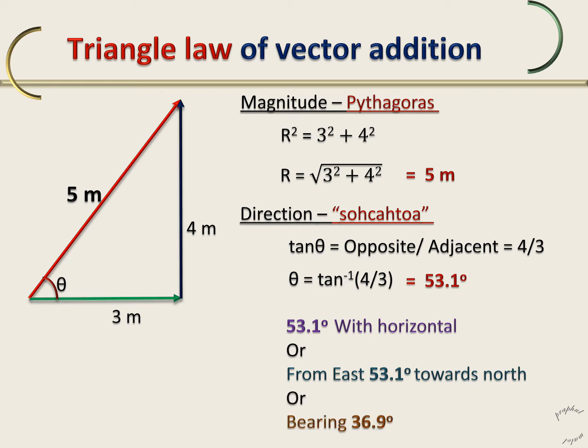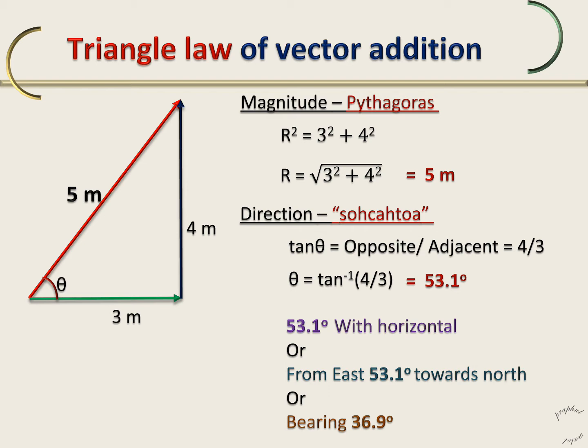You can even express it as the bearing. It is at a bearing of 36.9. Bearing is always measured from the north direction, how much angle it is situated from it. That is what you call bearing, but it's not very commonly used in physics. Still, you could use any of these three ways to express your answer.